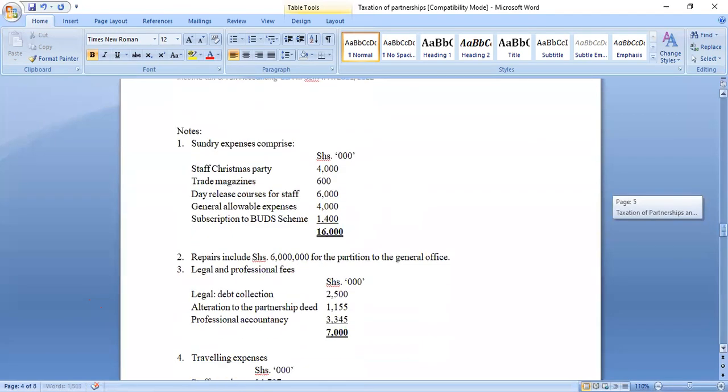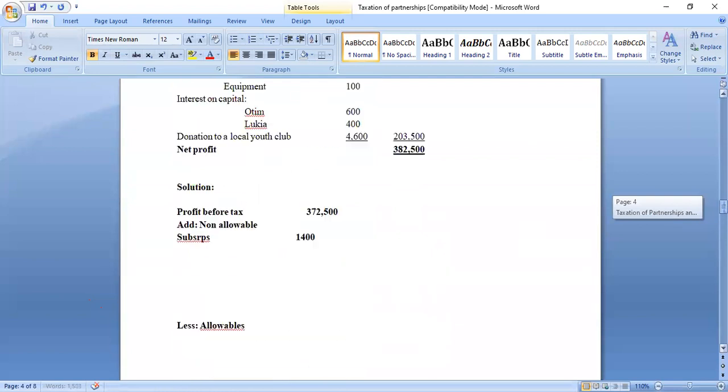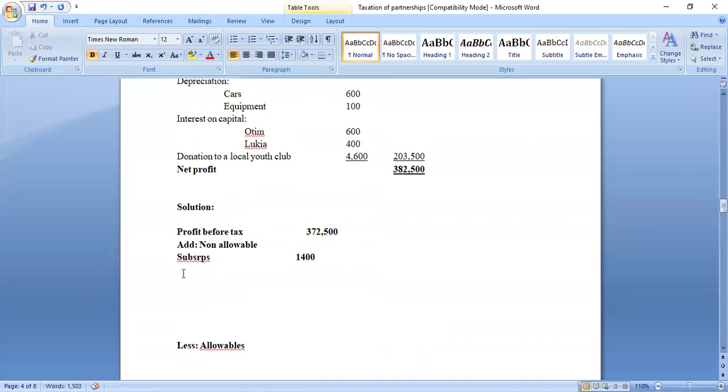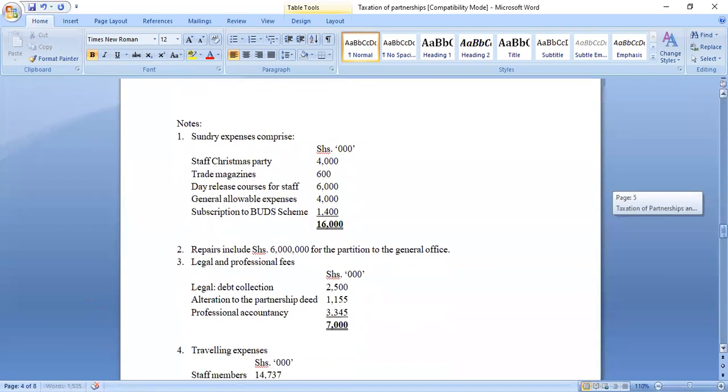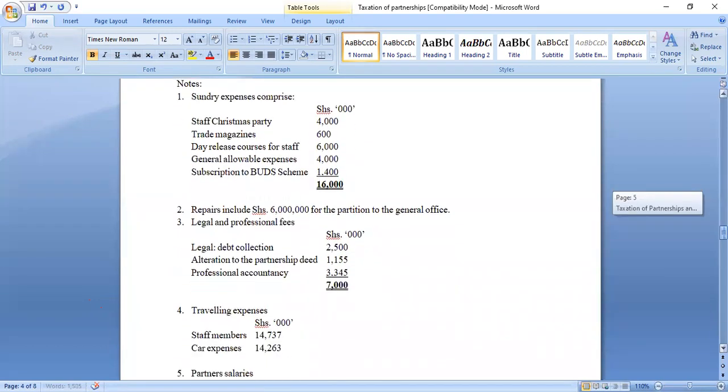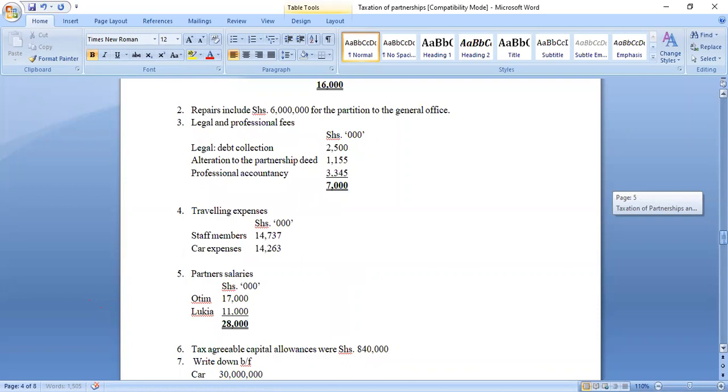Then the other one was what? Then you had repairs of 6K. I don't want to be repeating myself, so I hope you've covered it. Then you say repairs, 6,000. Then the other item, we saw the other thing was what?